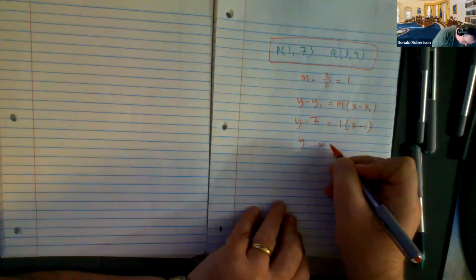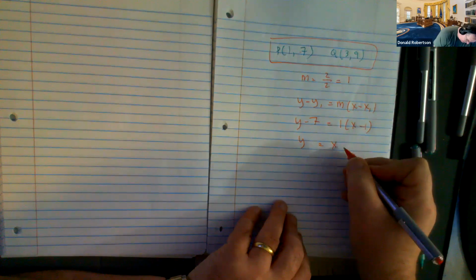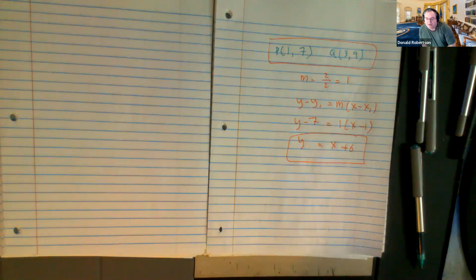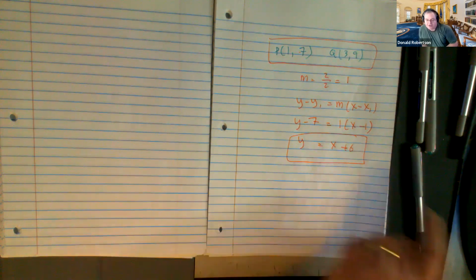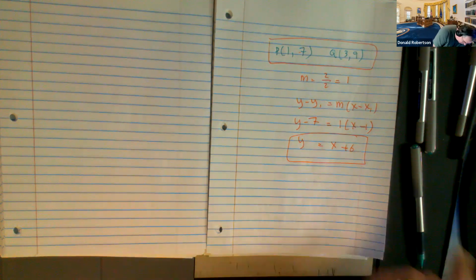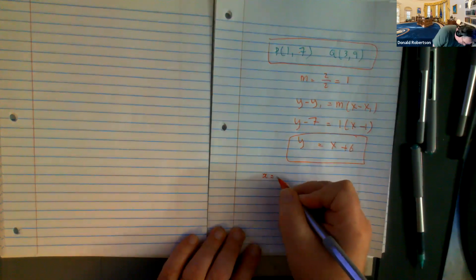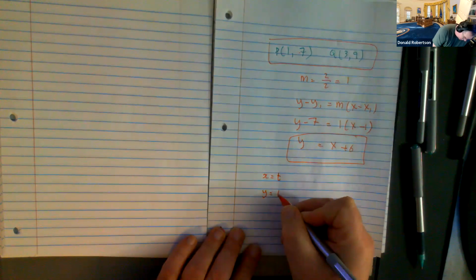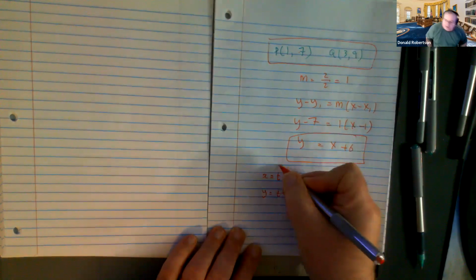And this particular one ends up being x take away 1, add 6. So you find the equation of the line the way you would always find the equation of a line, right? 2x plus 3 minus x add 7, whatever it is. Now to make it parametric, you make x equals t and you make y t plus 6. There's your parametric.